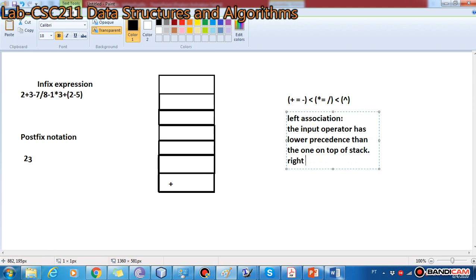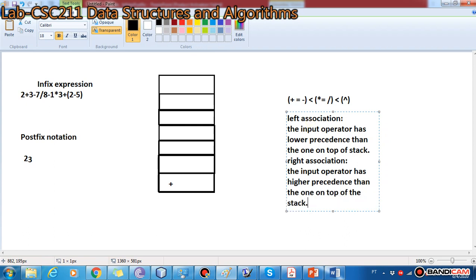And right association is when the input operator has higher precedence than the one on top of the stack. This is just for the sake of clarity. In this lab, we are not going to deal with right associations.